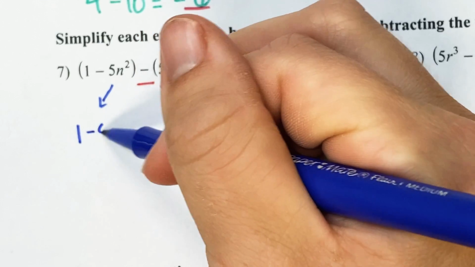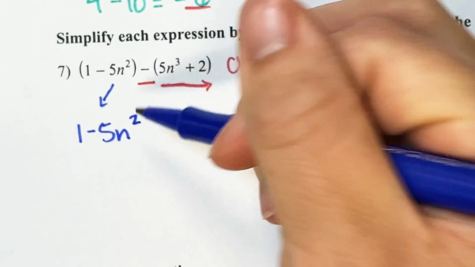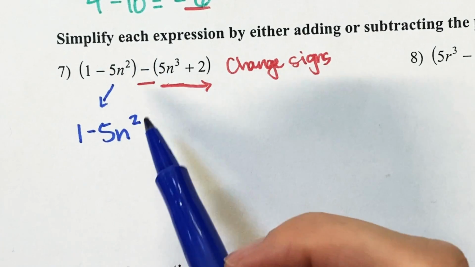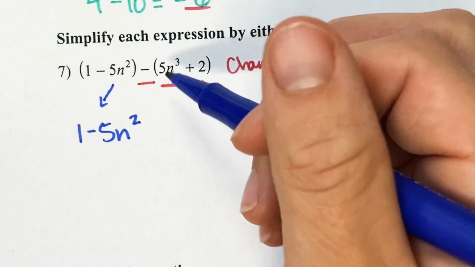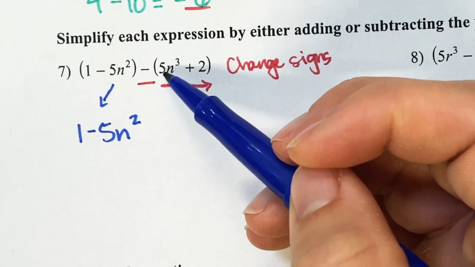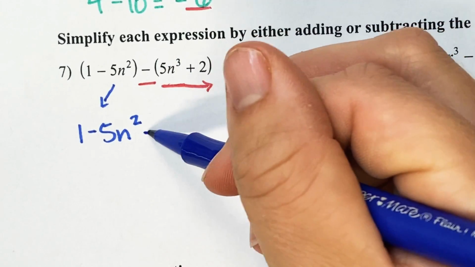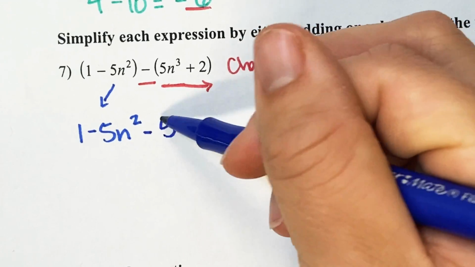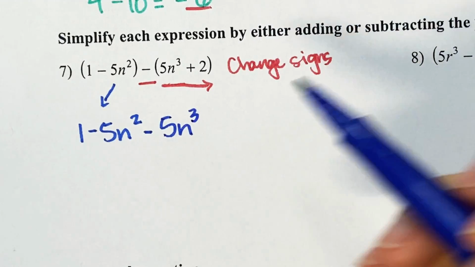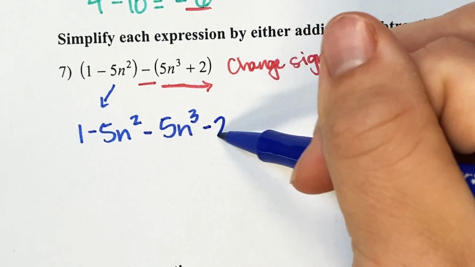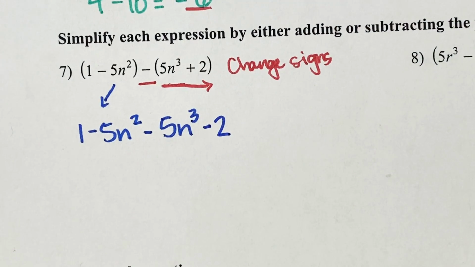Just take away the parentheses. That never changes. So we always can write whatever's in here. So 1 minus 5n squared, that stays the same. Then this, it was a positive 5n cubed, but because it's a subtraction sign in the middle, it is now minus 5n cubed. It was a positive 2. Now it is a negative 2.